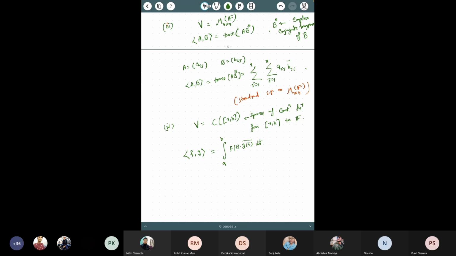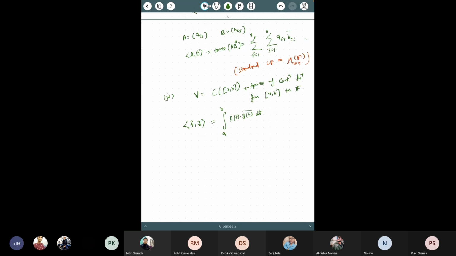It is an inner product as I'm saying, but you need to use continuity here. Otherwise, if instead of continuous functions you just take the space of functions from [a, b] to F, then the same formula may not define an inner product. So let us check.